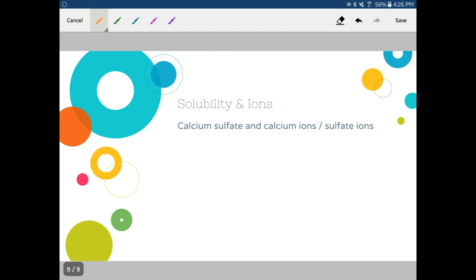Now, when we talk about solubility and ions and this concept of dynamic equilibrium or crystallizing and dissolving, we can look at an example. We can talk about calcium sulfate, which looks something like this, and this is a solid, and this would be the crystal form of calcium sulfate.